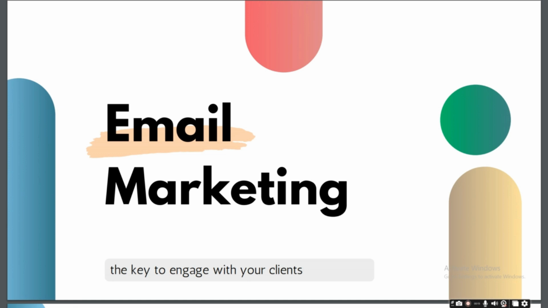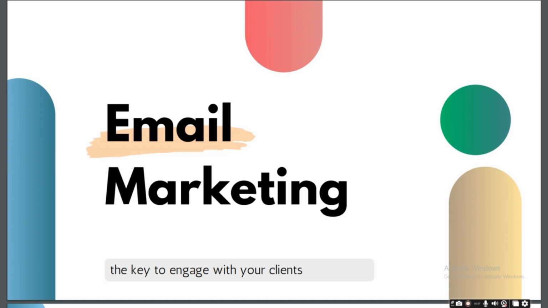So right now, we will be understanding what email marketing is, how it works, what types of email marketing are available on the internet, and how email marketing helps a business or a freelancer, or someone who is just learning about how email marketing works.